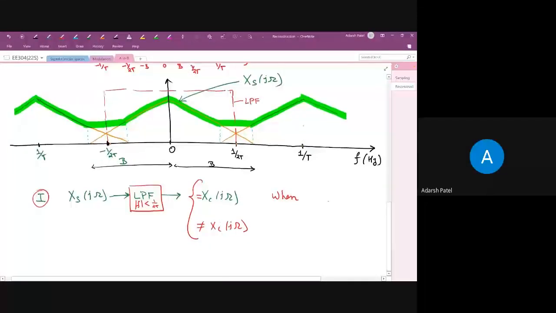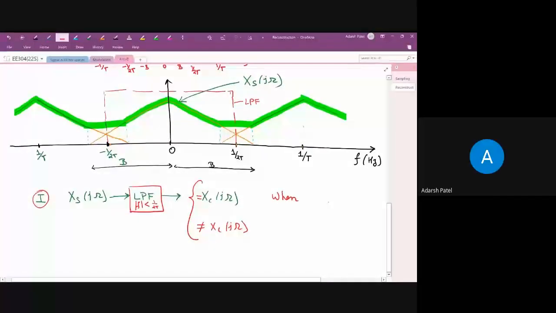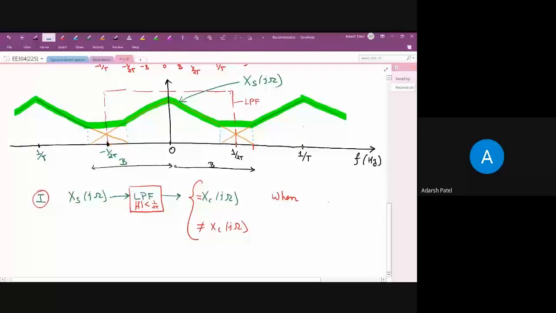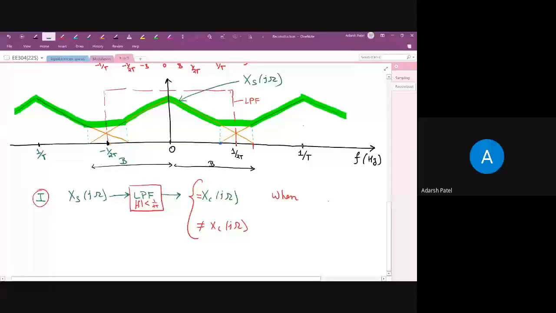So what do we want? This is B. We want this 1 minus TS, so we want this part. What are these two points? Let this be.